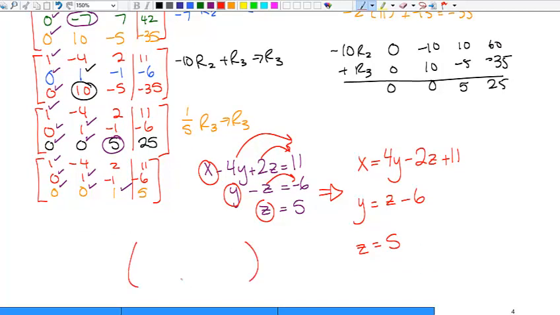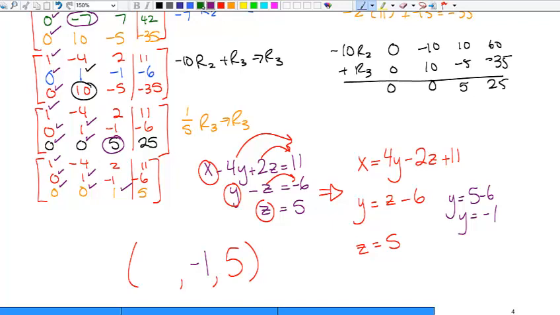So for my ordered triple, I have the 5 in the z spot. For the y, I can take z and replace it with 5. So 5 minus 6 is negative 1. So y is equal to negative 1.